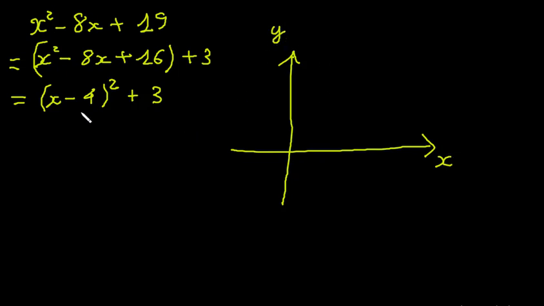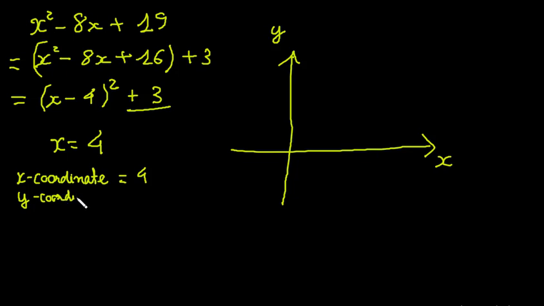We have x minus 4, so our graph will be in this part because it will be moved to the right. Let me write it more clearly: the x coordinate of the vertex equals 4. And here we plus 3, so it will move up the y-axis by 3, so the y coordinate of the vertex is 3.